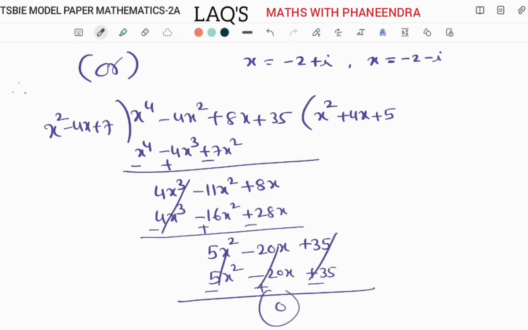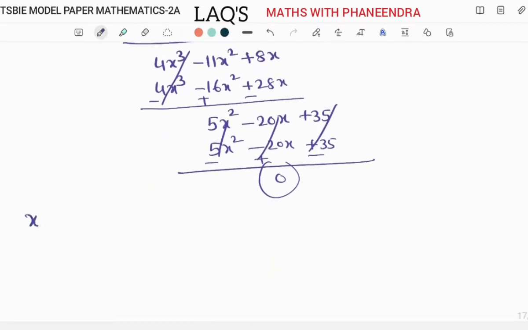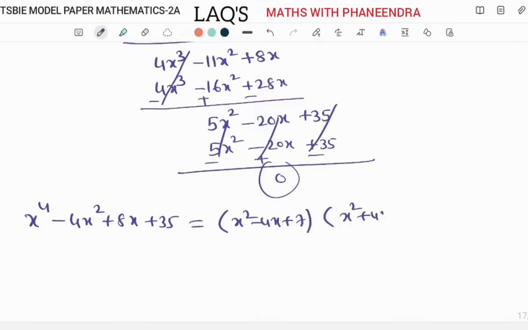So the f of x value we can express as the product of these two values. So therefore x power 4 minus 4x square plus 8x plus 35 can be written as x square minus 4x plus 7 into x square plus 4x plus 5.